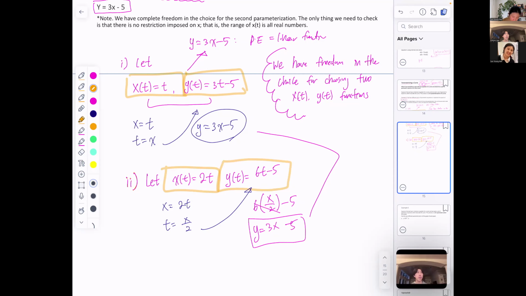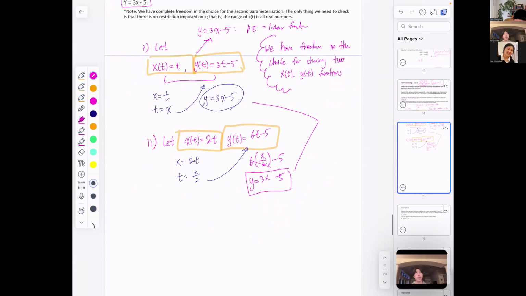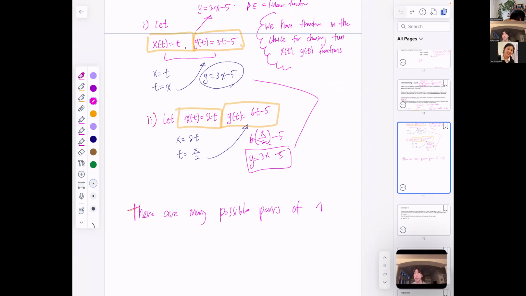So what I'm saying here, there are many possible pairs of x(t) function, y(t) function, to get the same parametric equation.